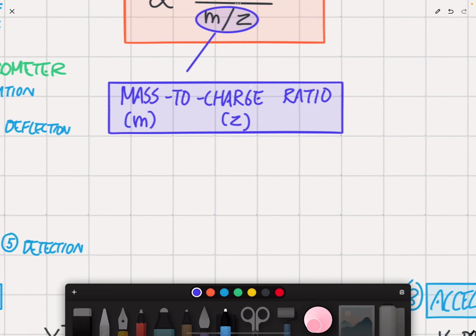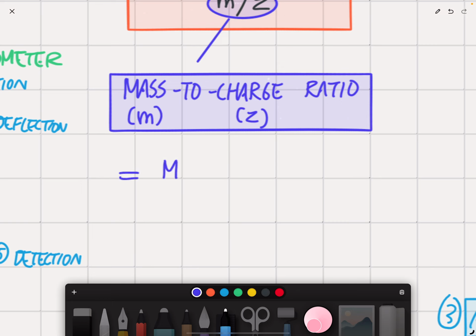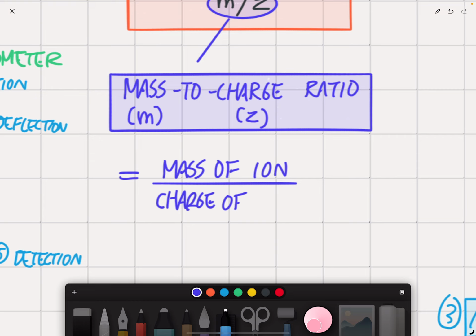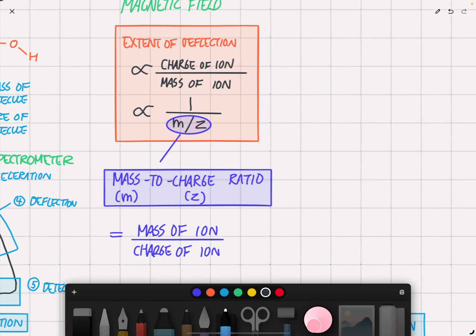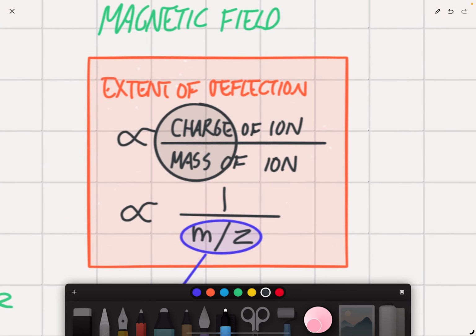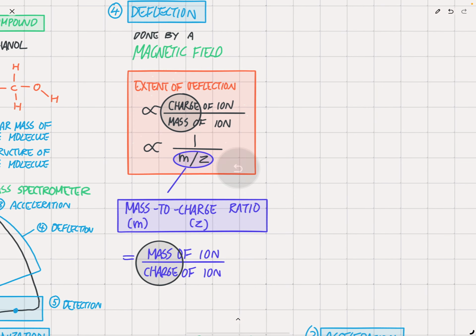We can find this value by dividing the mass of the ion by the charge of the ion. Note that the terms here appear in a different order than in the extent of deflection. That's because the extent of deflection is inversely proportional to mass to charge, not directly proportional.